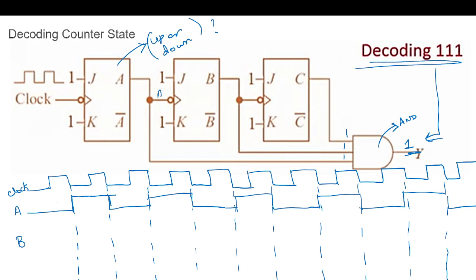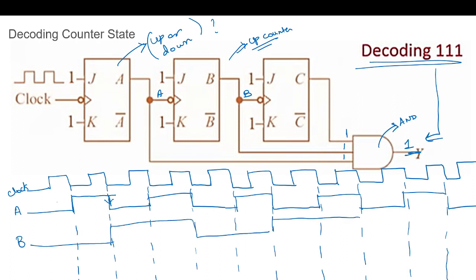You can see A is connected as the clock and B is connected as the clock. So this is an up counter. And B will toggle at every negative edge of A. And C will toggle every negative edge of B.